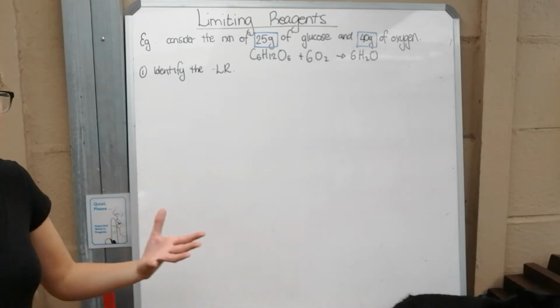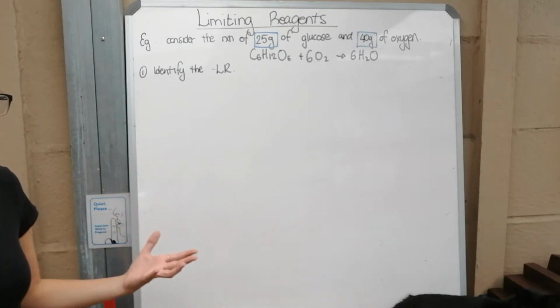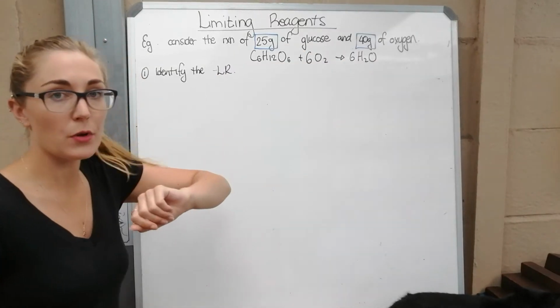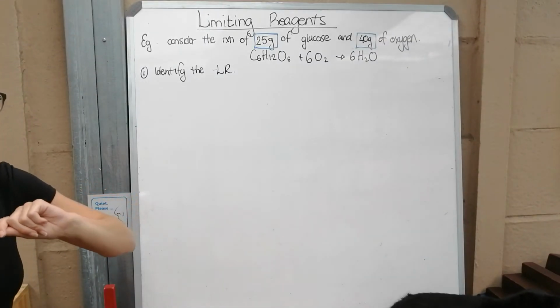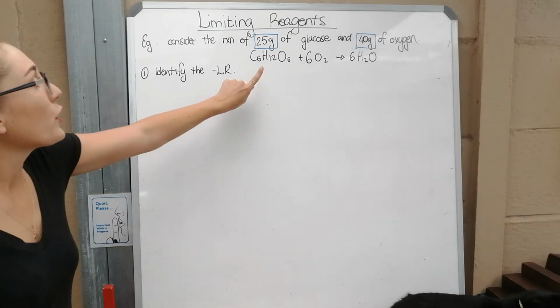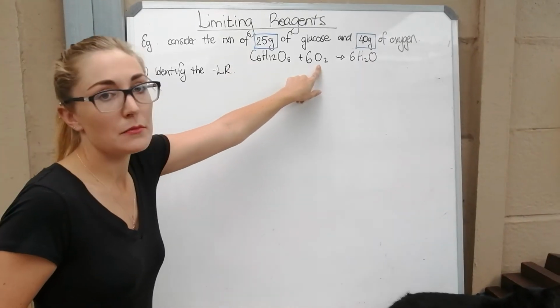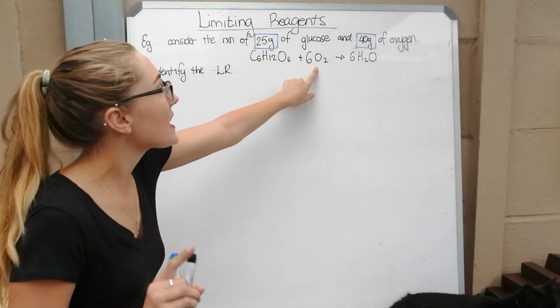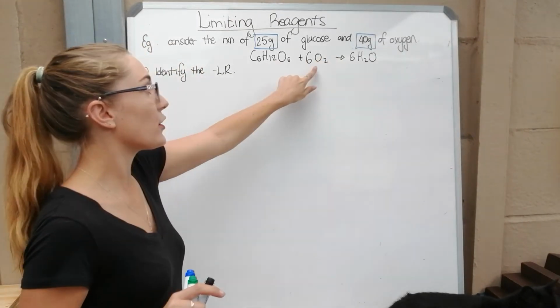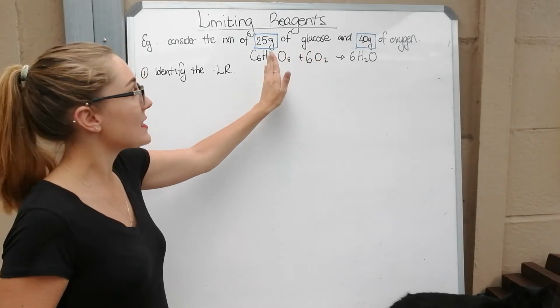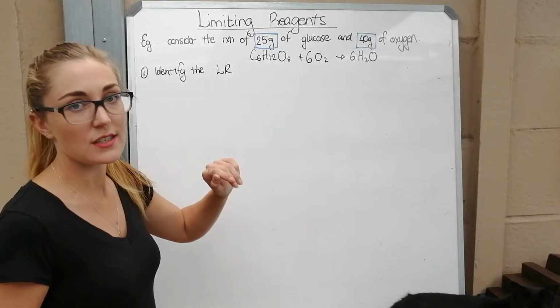You first have to convert it to moles, and then you'll see which one we have more of. But even if this were in moles, even if this were 25 moles and 40 moles, these do not react in a 1-to-1 ratio. For every 1 mole of glucose that I have, I need 6 moles of oxygen. So it makes sense that we'd have more oxygen than we'd have glucose. I need 6 times as much oxygen as I need glucose for this reaction to take place.